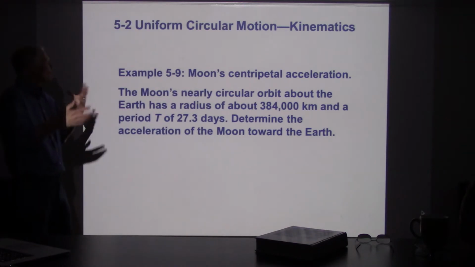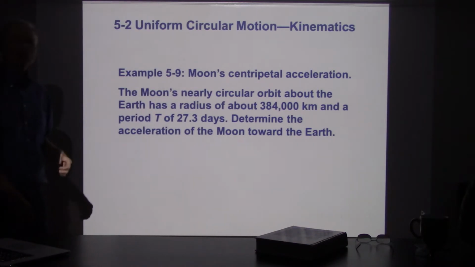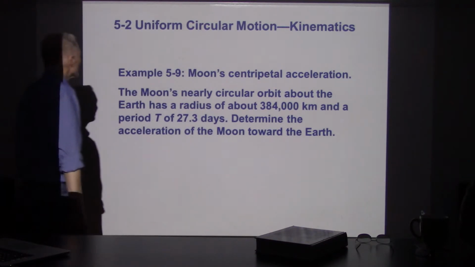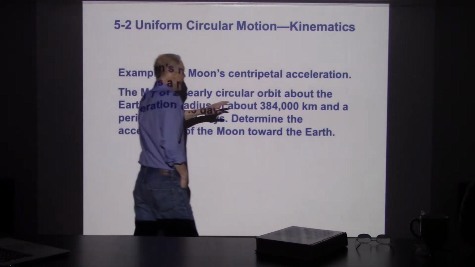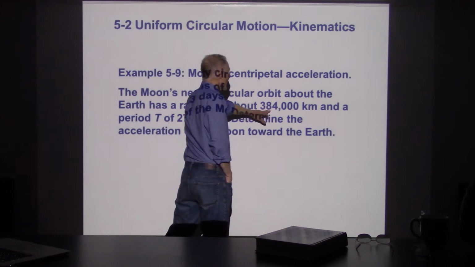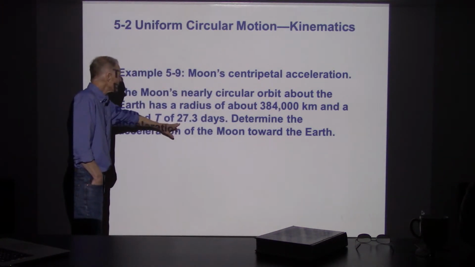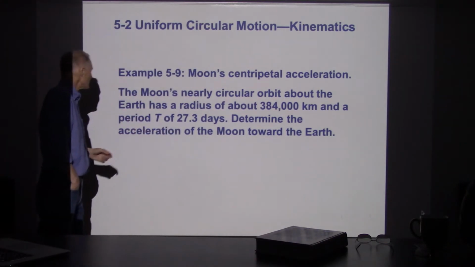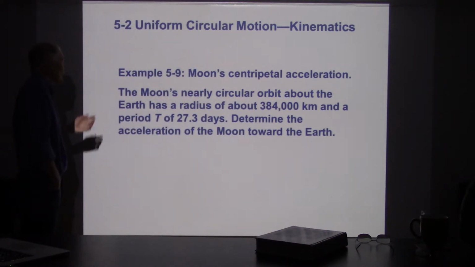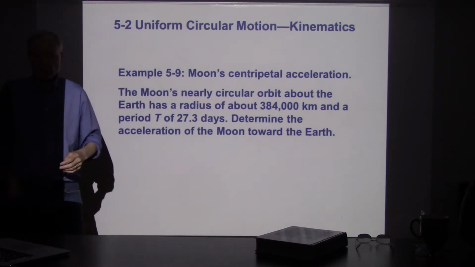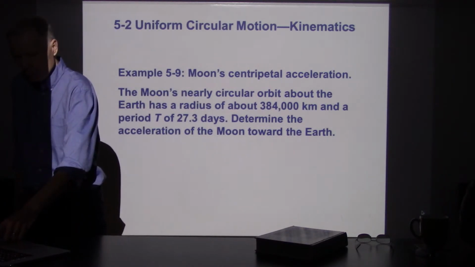So we're going to assume the moon's orbit is circular. It's not quite, it's a little elliptical. So let's assume that the moon's orbit has a radius of 384,000 kilometers, and the period of the moon's orbit is 27.3 days, and find out what the acceleration of the moon is towards the Earth.